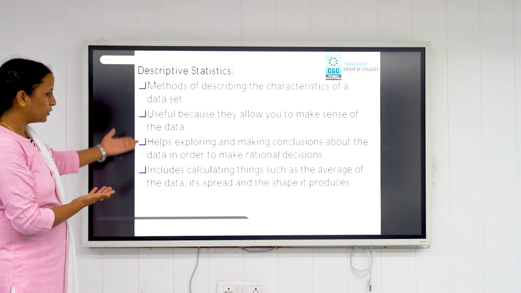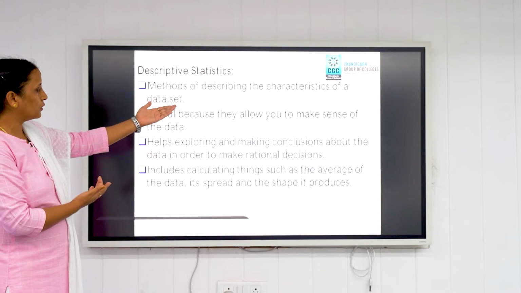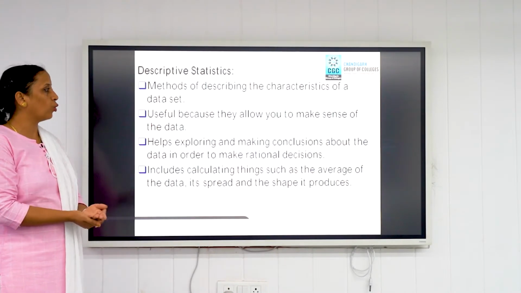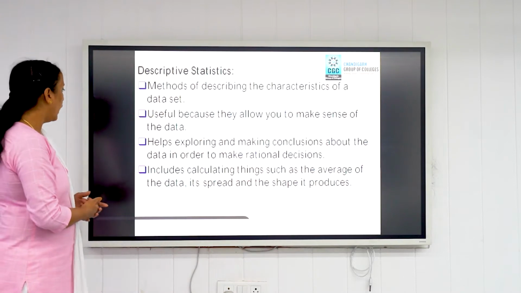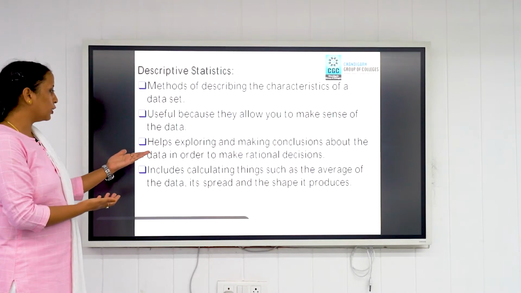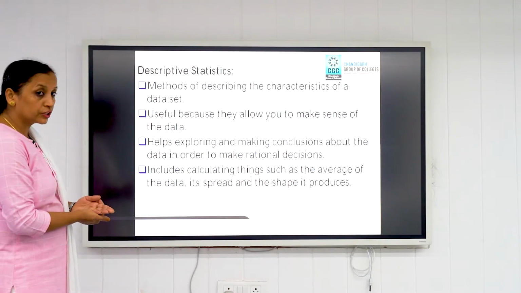I have just described in this slide methods of describing the characteristics of the data. They are useful because they allow you to make sense of the data, and help in exploring and making conclusions about the data in order to make rational decisions.